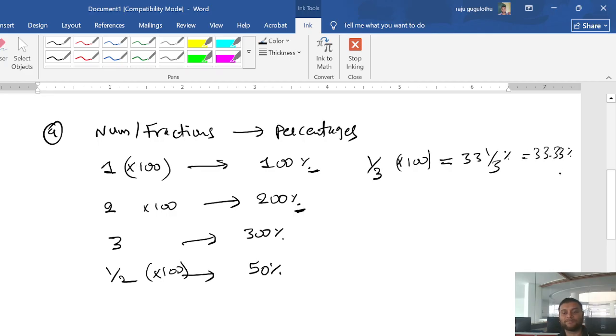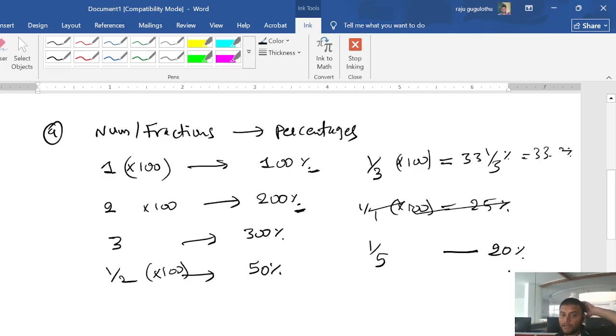If I want to convert 1 by 4, I multiply it with 100 and it becomes 25 percentage. If I want to convert 1 by 5, it will be 1 by 5 into 100, which is 20 percentage.